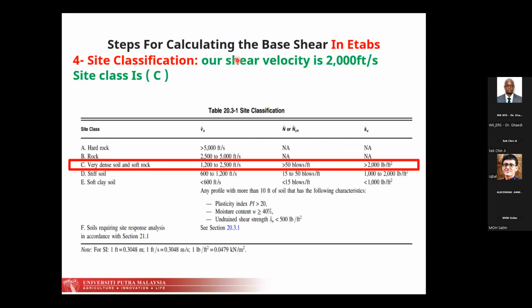We have our shear velocity, which is usually given in the geotechnical report, and there is Table 20.3-1 that shows, based on the average shear velocity, what the site class is. In this example we have 2000 feet per second, so the site class will be C, very dense soil and soft rock.